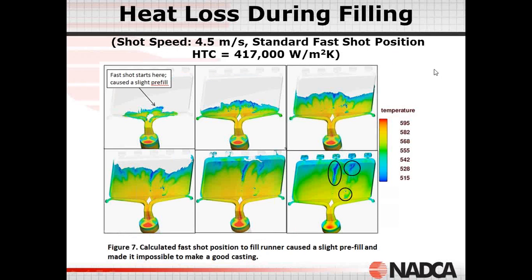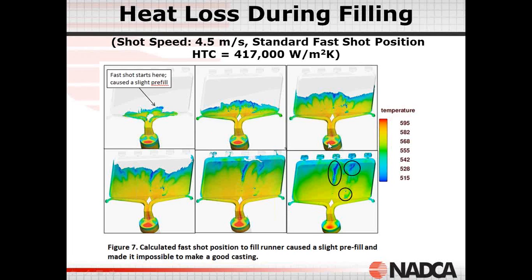We were a little surprised that the tangential gate at 4.5 meters per second could not make a good casting. We ran the simulation and started the fast shot at the typical time. For a typical standard high pressure die casting process, we start the fast shot when the runner is totally full, then we go to fast shot when the metal goes into the cavity.